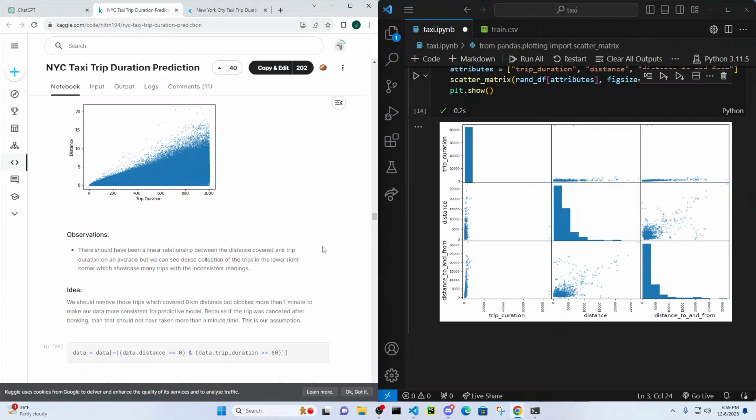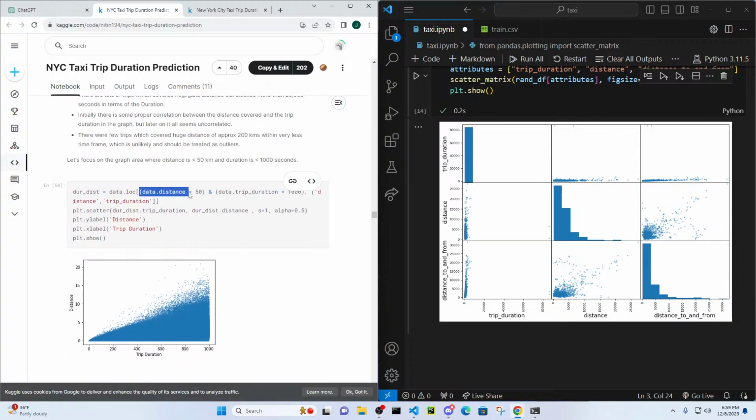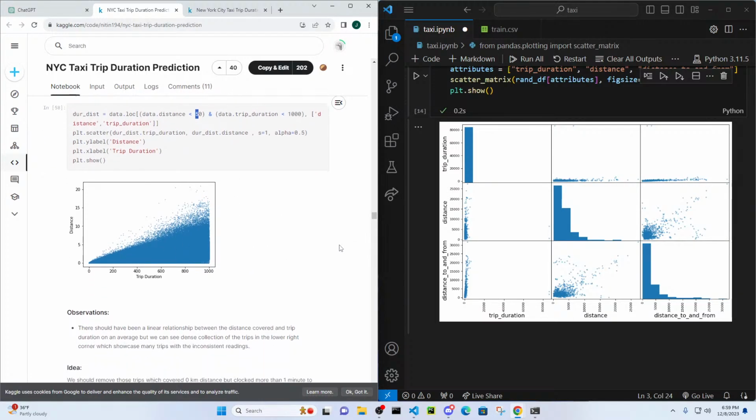Correct. Yeah, that makes sense. Yeah, if you filter it, you'll see quite a different graph. So if instead of doing distance less than 50, trip duration less than 1,000, and daytime, you filter to between midnight and 6 a.m., it'll probably look right. You'll see the linear relationship much more clearly. That makes sense.